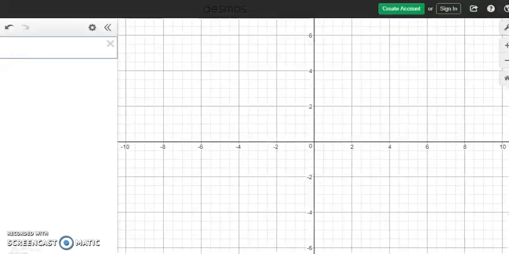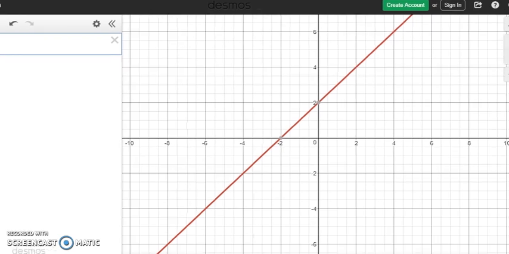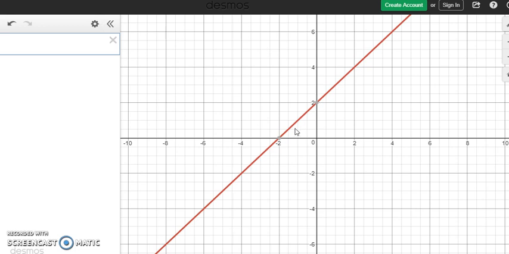I'm going to use the software here to graph this for us. Let's say my first equation is y equal to x plus 2. We expect the y-intercept here, and then you go up 1 unit and right 1 unit.